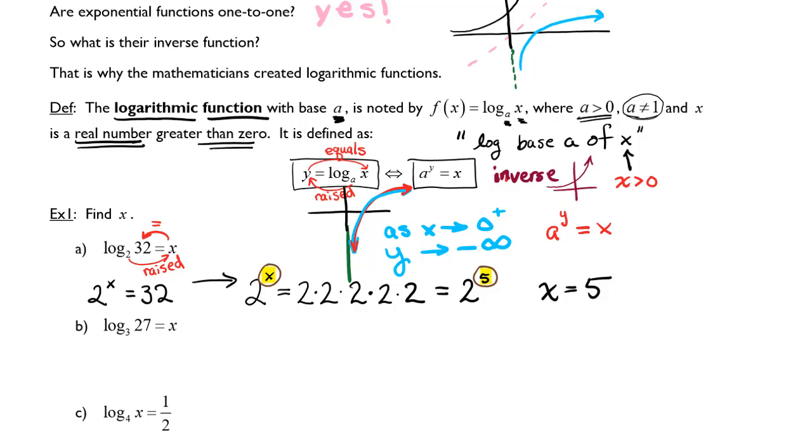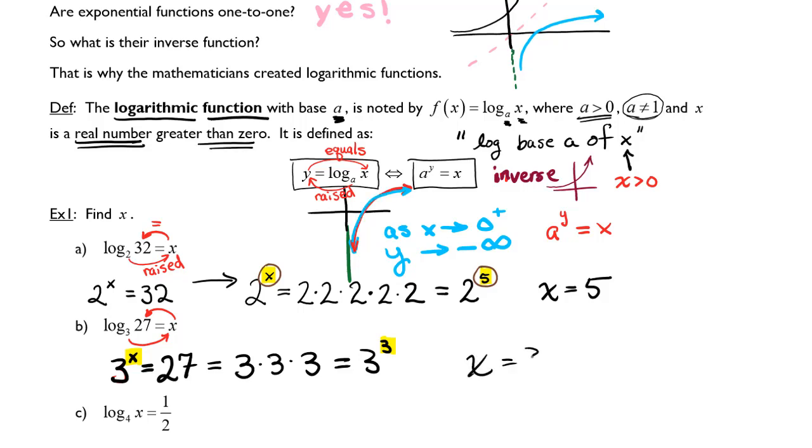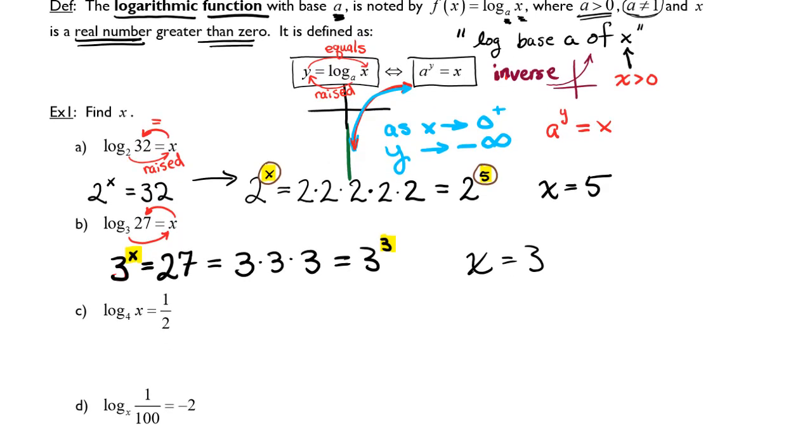Now for log base 3 of 27 equals x, I could say 3 raised to the x equals 27. If I rewrite 27, I would have 3 times 3 times 3, which is equal to 3 to the 3rd. Therefore, if I equate my exponents, I will have x equals 3.